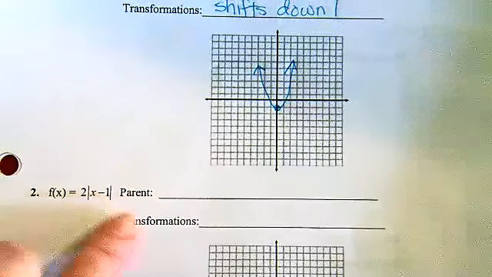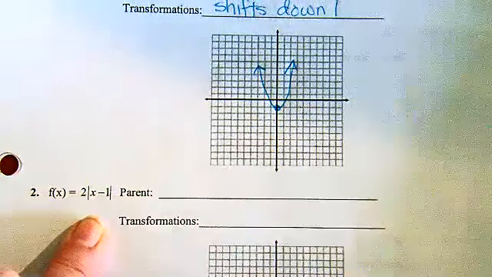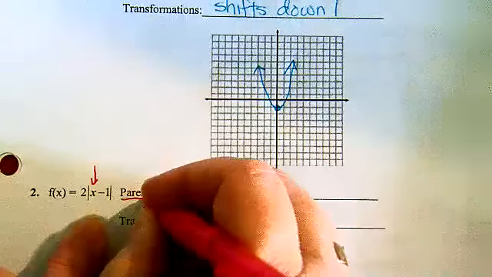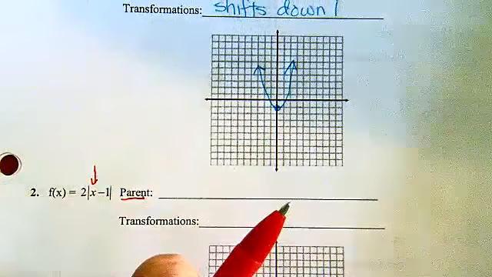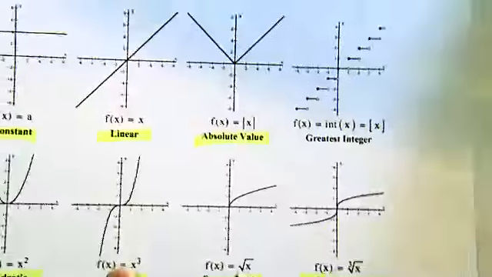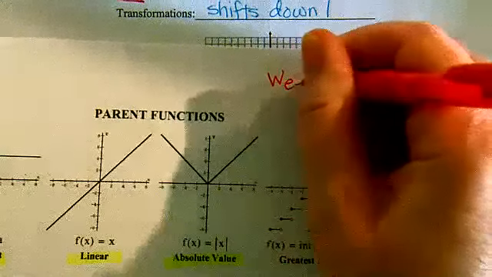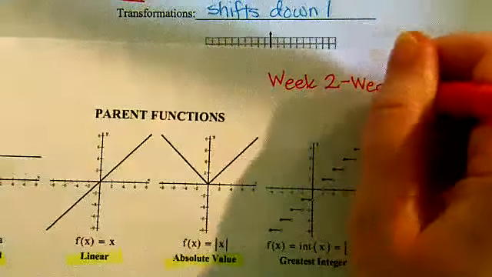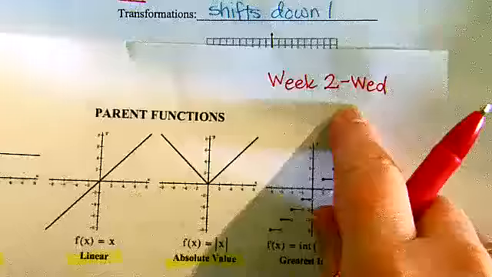Now this one, to do the parent function, again, I'm going to focus on what's with the x. So the x is inside these bars. And if you'll remember what those bars are, and you have your notes, if you want to look at week 2, Wednesday's assignment, that's where you have your notes on one of those.